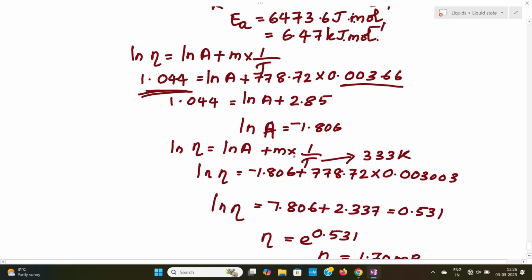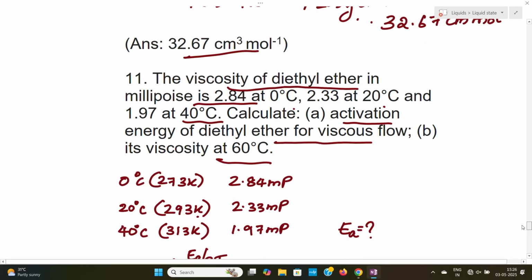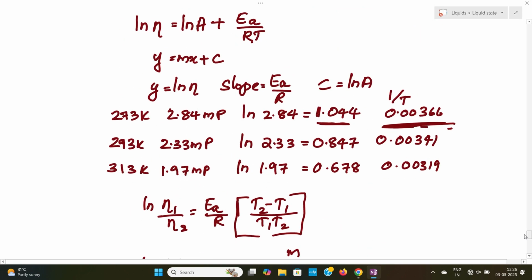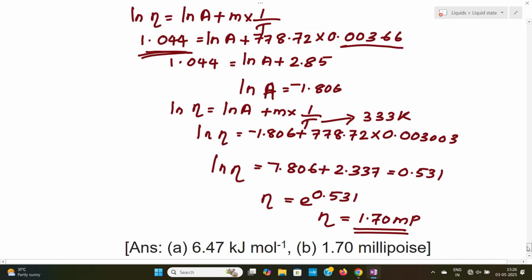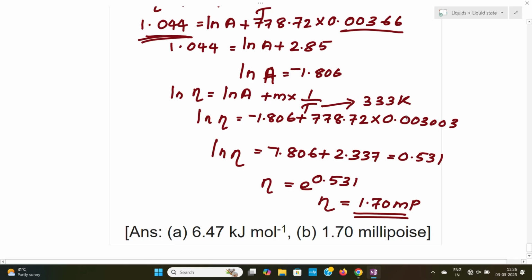Ln eta is equal to ln A plus m into 1 by T. Here we have to find out the viscosity at 60 degrees Celsius, which is nothing but 273 plus 60, that is 333 Kelvin. So we have to substitute all the values that we have found out.